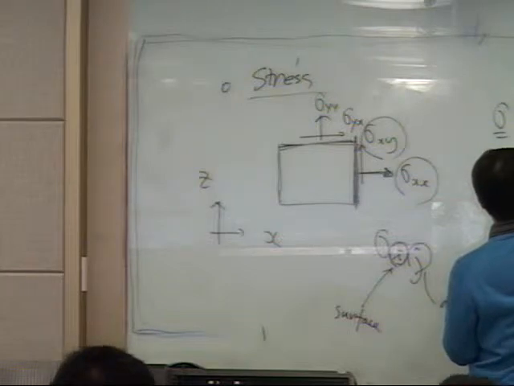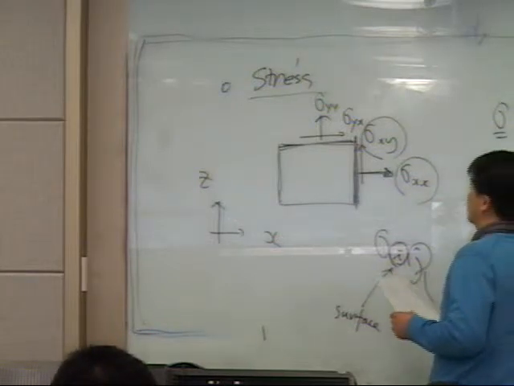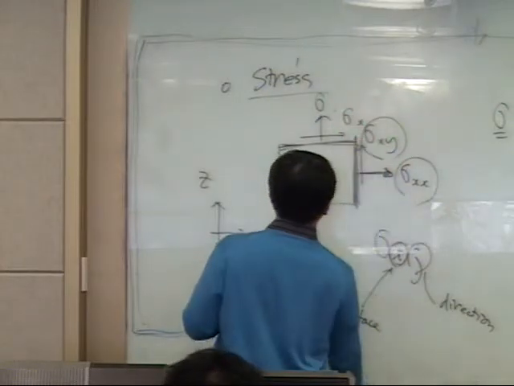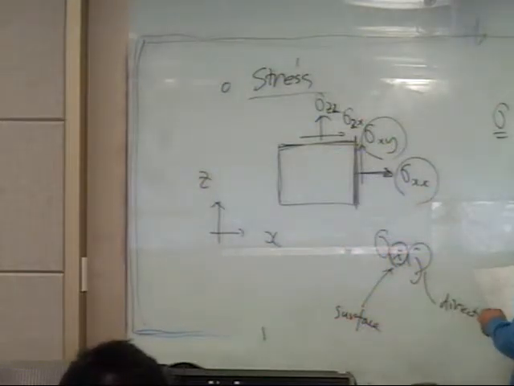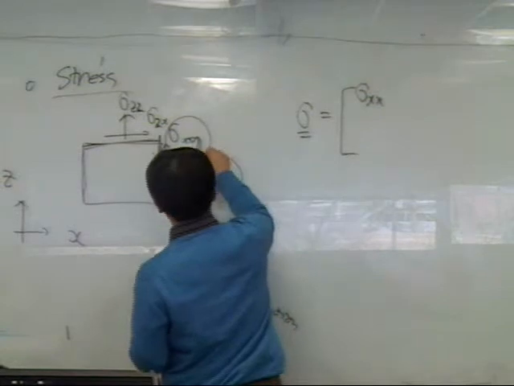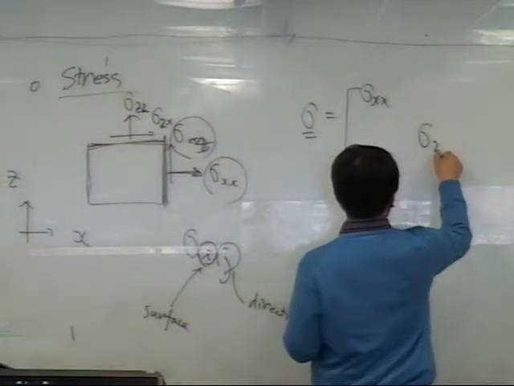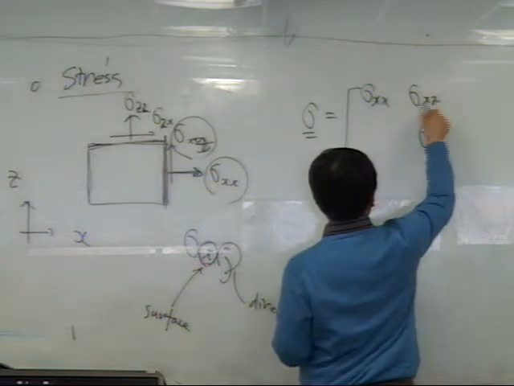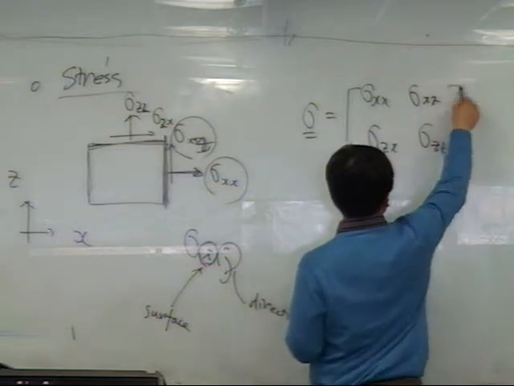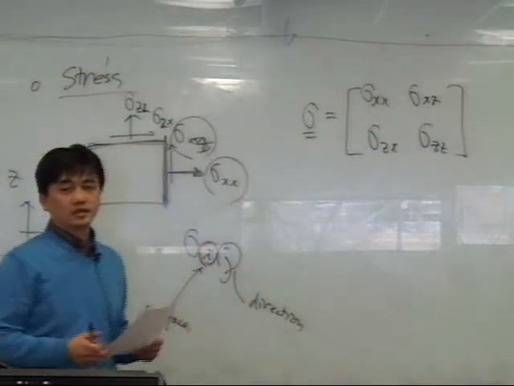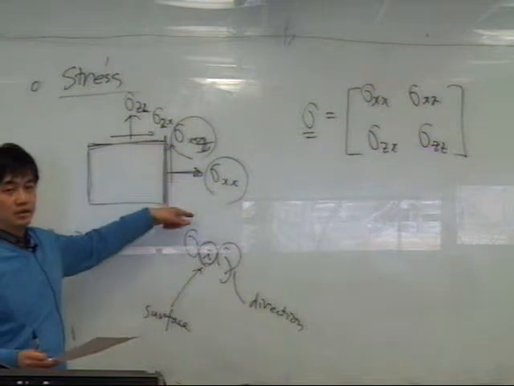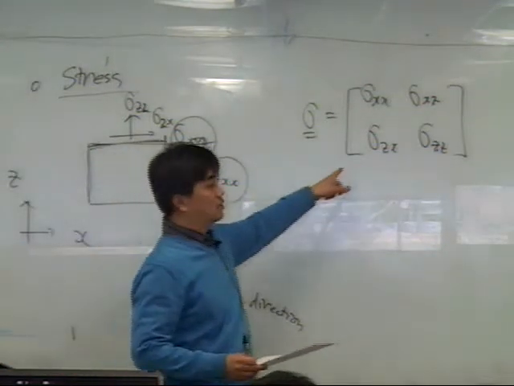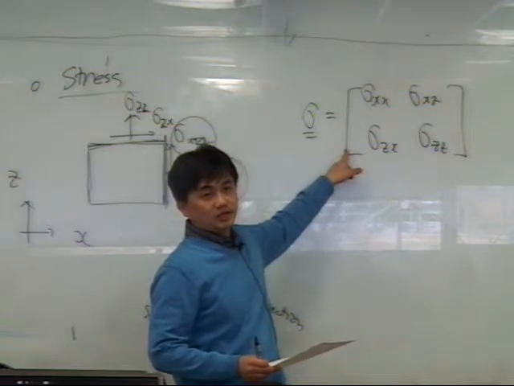We can write down the stress like that: sigma xx, sigma xy, sigma yx, sigma yy. Sorry, here it should be y. So the four stress components can be written as a 2 by 2 matrix like this.